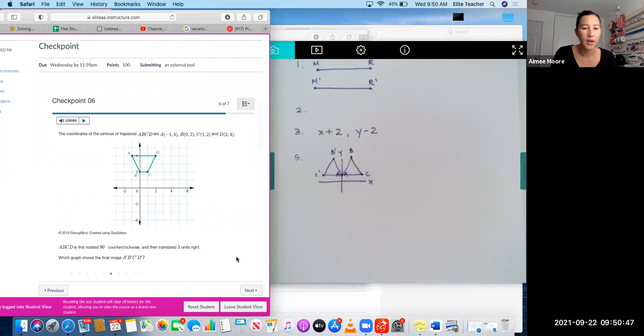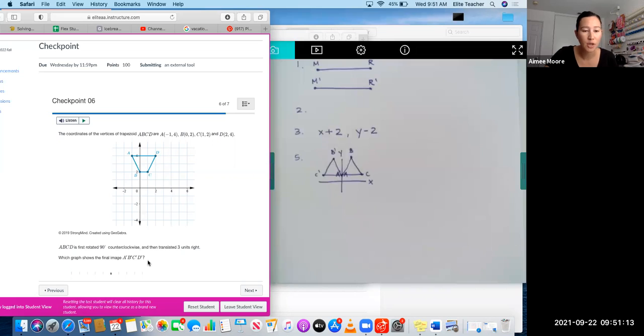Number 6. The coordinates of the vertices of trapezoid ABCD are A, -1, 4, B, 0, 2, C, 1, 2, and D, 2, 4. ABCD is first rotated 90 degrees counterclockwise. So remember, counterclockwise would be the opposite way that a clock goes. And then it's translated 3 units to the right.